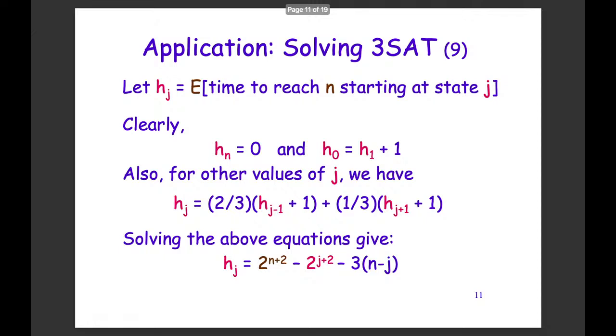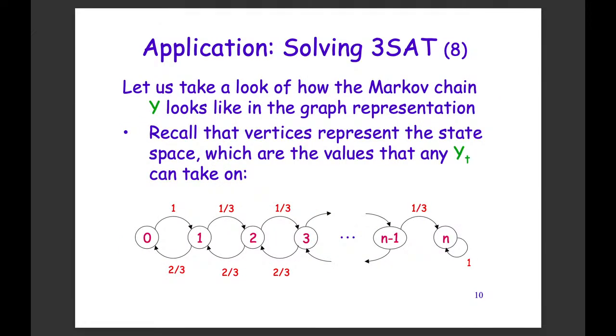Okay, so here, remember that at the beginning we are choosing a random assignment, an arbitrary assignment. Okay, and then we start moving in this chain. Now, if the arbitrary assignment that we are choosing is close to this end, then it is good. Then maybe after a certain small number of steps we can reach n easily.